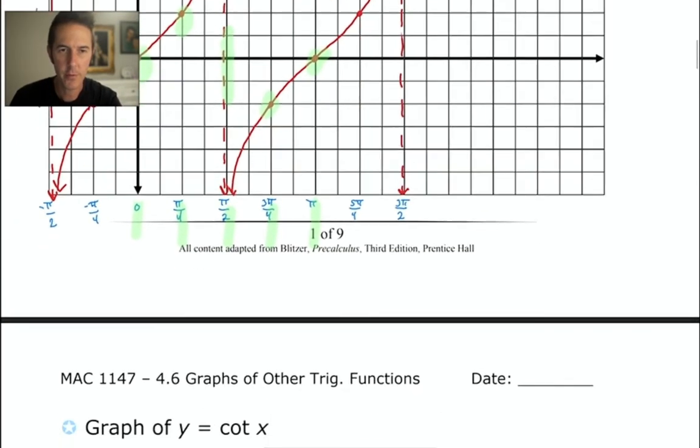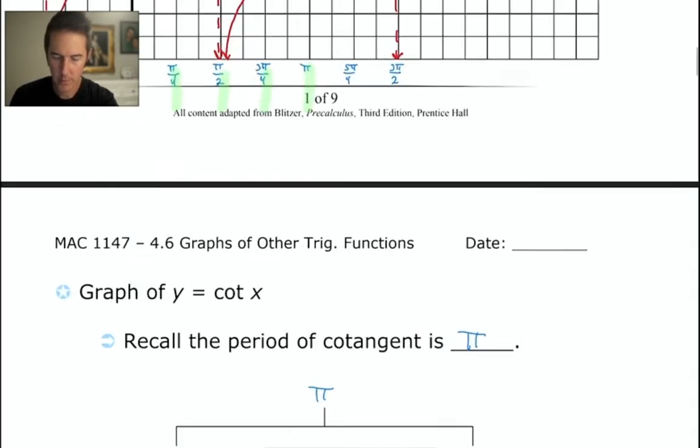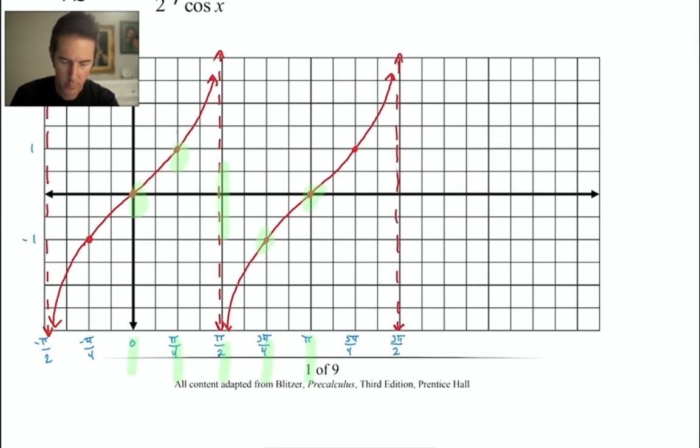Starting from the x value of 0, we're starting with an asymptote, undefined. And then we're going to negative 1. Is it negative 1 next? No, it's positive 1 next, sorry. Positive 1, and then 0, and then negative 1, and then undefined. 1, 0, negative 1.